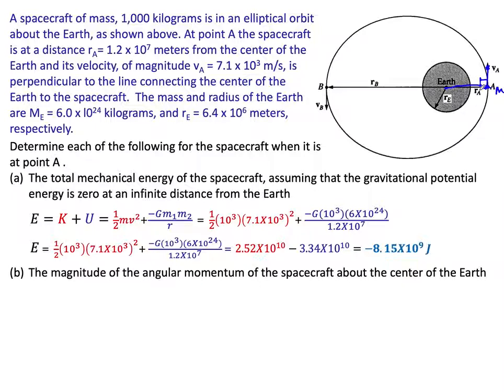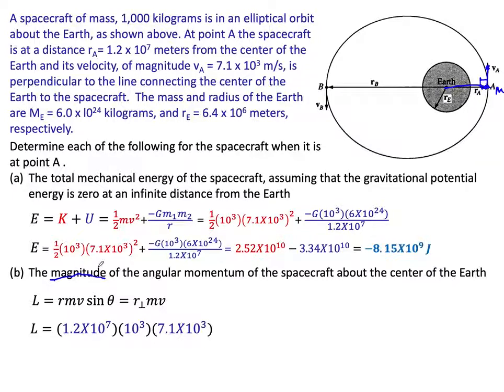And since I'm only interested in the magnitude of it, I can just do MVR sine theta. In this case, theta is 90. Plugging in our numbers, it's just that distance times the mass of the spaceship times the velocity. Did I put it in the wrong order? The velocity is, yeah, that's right. Okay, times the velocity.